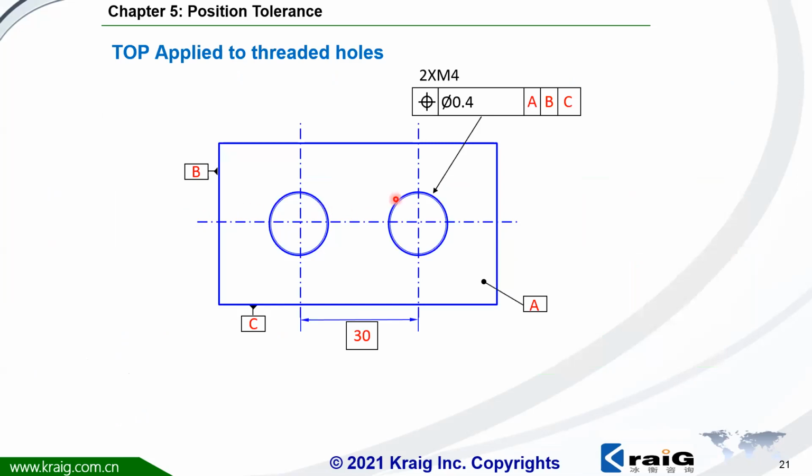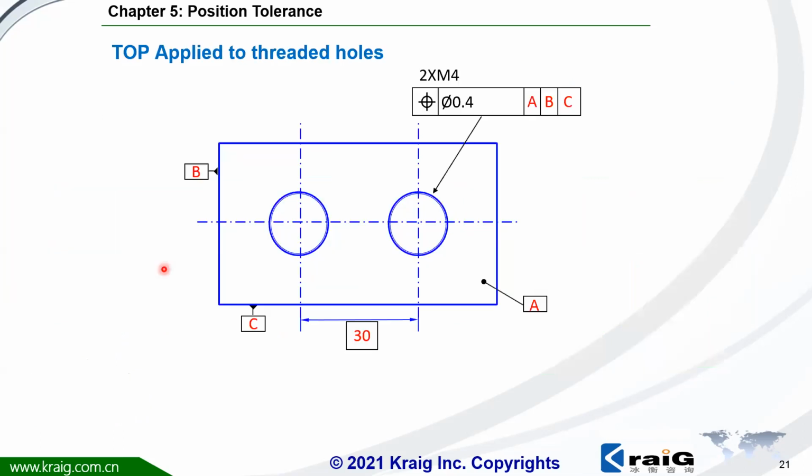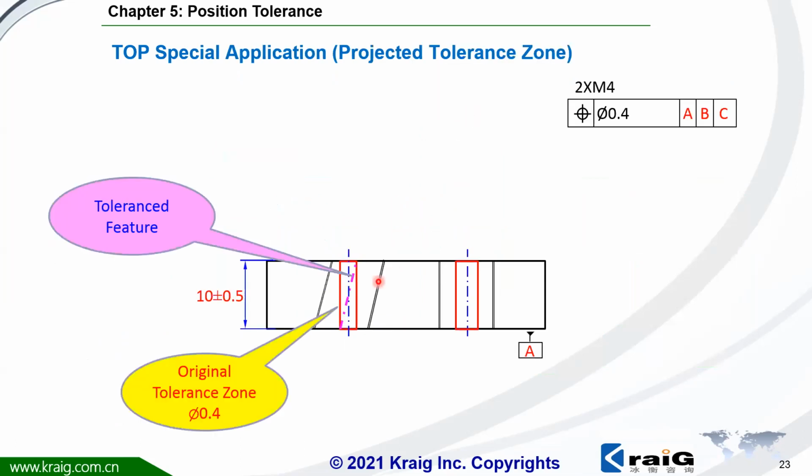Next, you're going to put a position tolerance on the threaded hole, this hole here. 0.4 means the position of this threaded hole is supposed to be within 0.4, or we'd say the axis of this threaded hole is supposed to be within the 0.4 tolerance zone. This is the situation here. This is the tolerance zone 0.4, and here is the axis of this threaded hole.